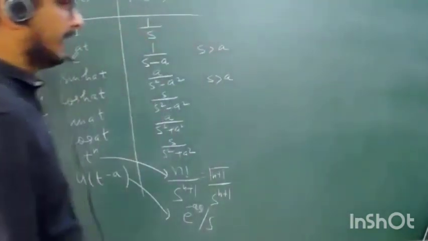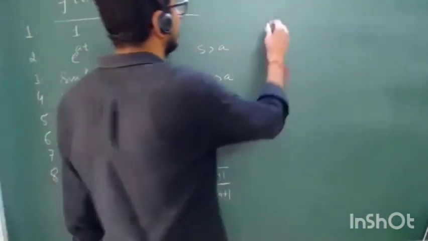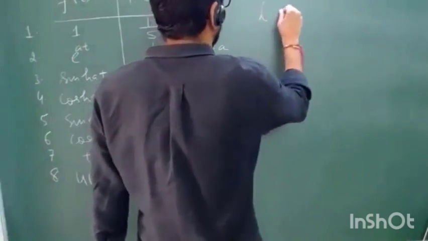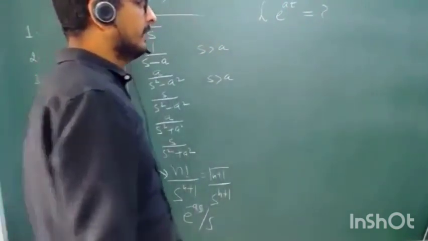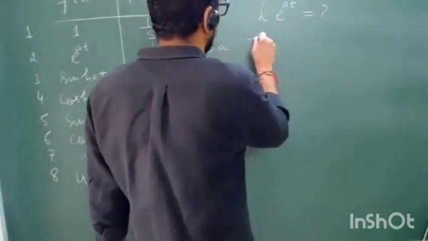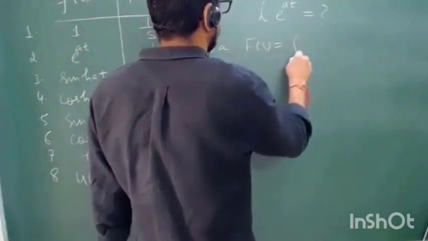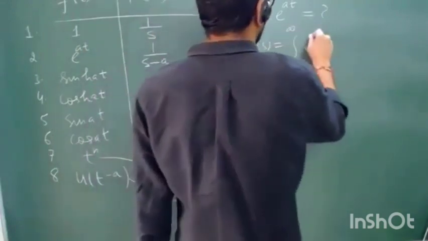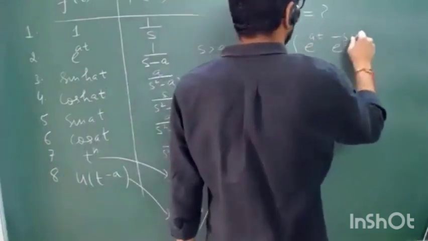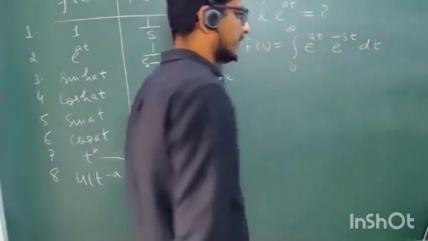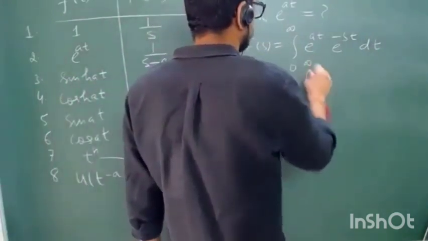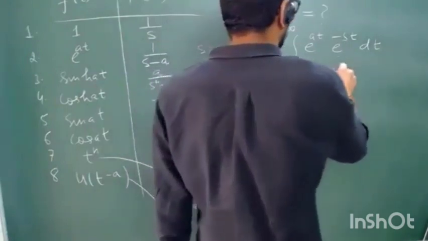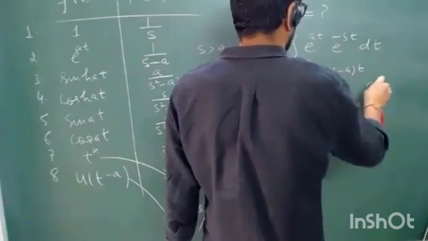Now please see. If I take any one of them for the transformation, suppose I want Laplace of e to the power at is equal to question mark. So the same definition will be used, that F(s) will be equal to integral 0 to infinity e to the power at e to the power minus st dt. This will be equal to 0 to infinity e to the power minus (s minus a)t dt.